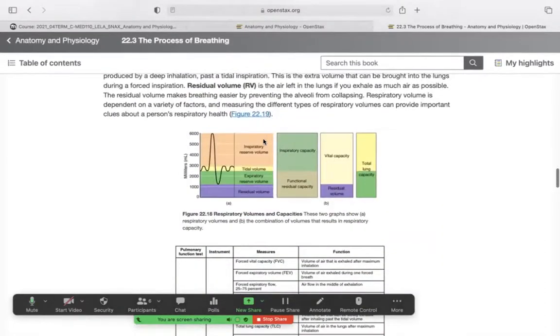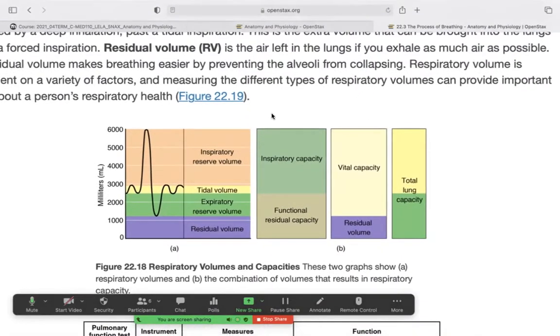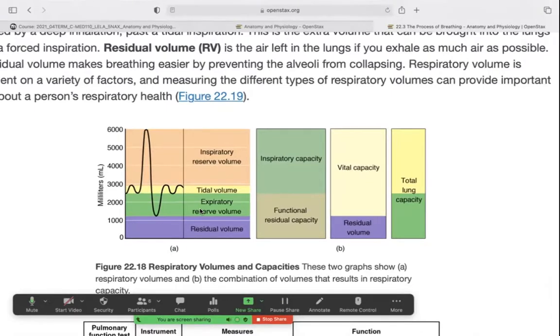Now, this will be more important to you as you get closer to your NCLEX or MCAT. But these are your lung volumes and lung capacities. Tidal volume is your normal quiet breathing, not talking, just living your life. That's a little bit under 500 cc's, or 500 milliliters.